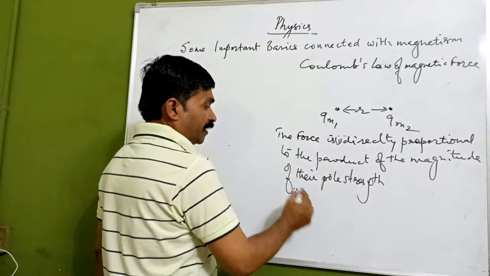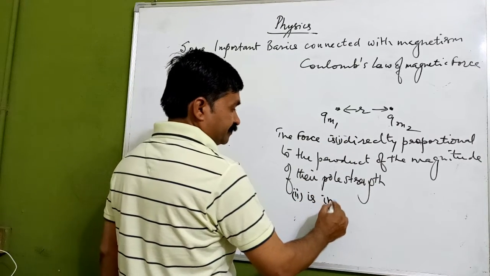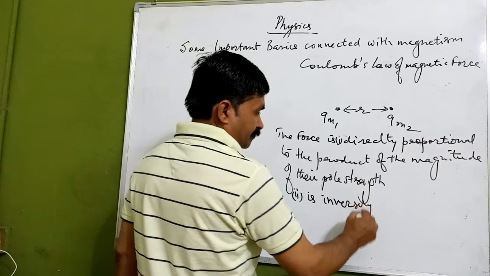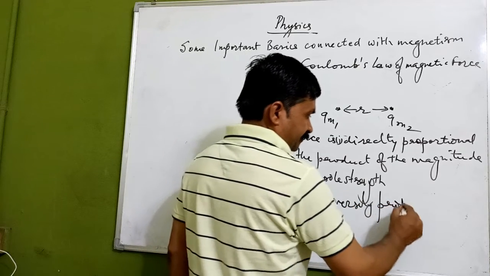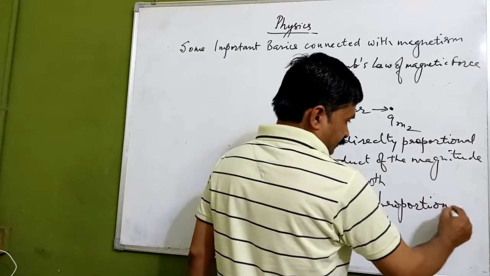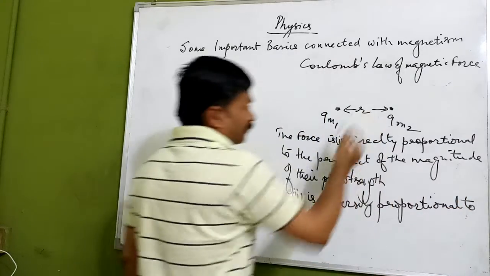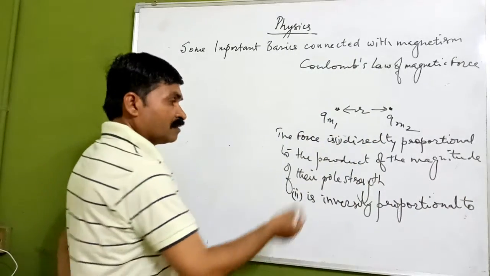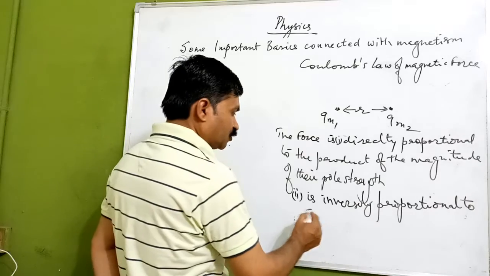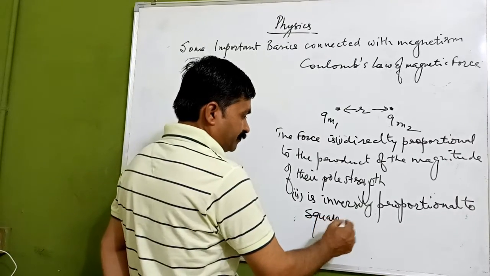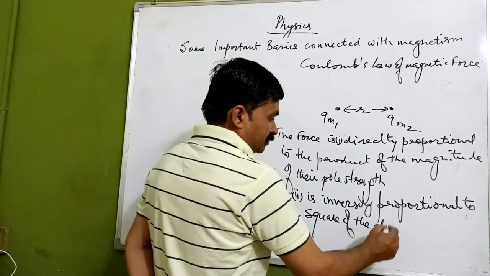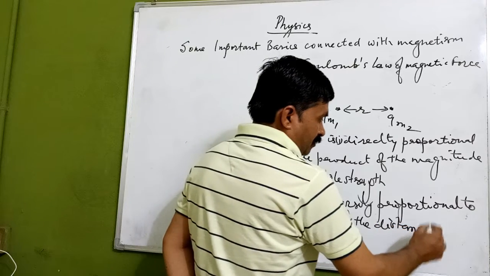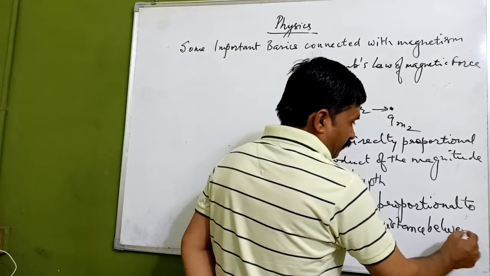Second point, it is inversely proportional to the square of the distance between them.